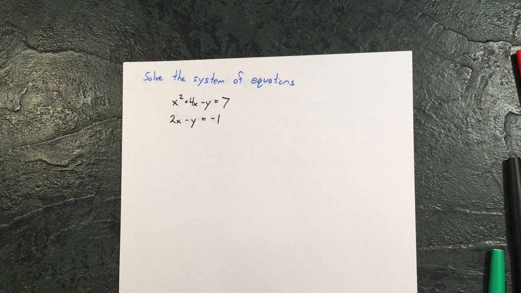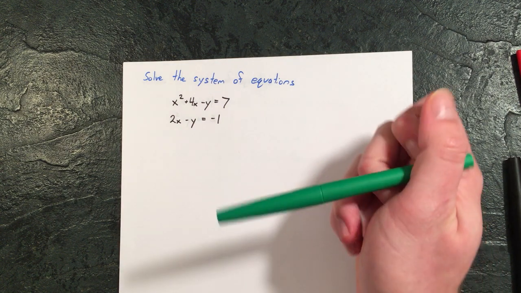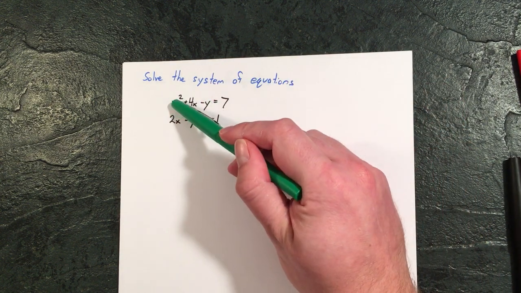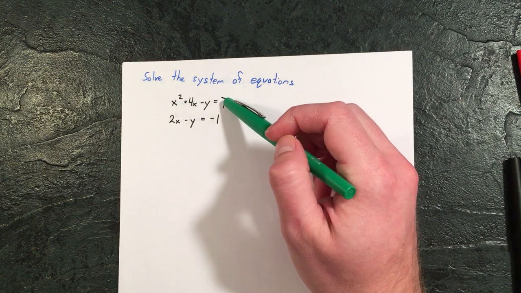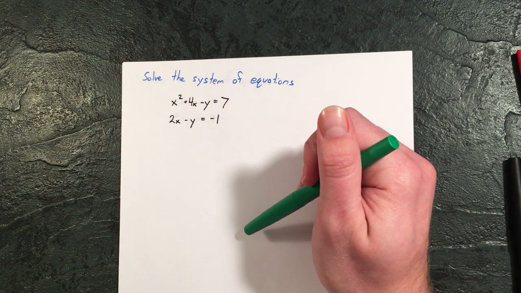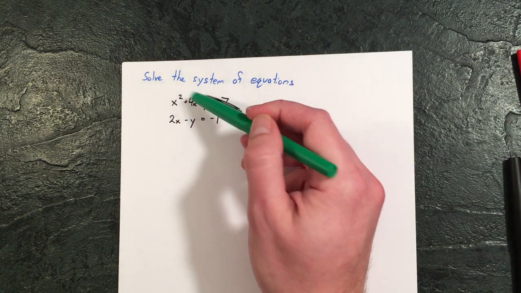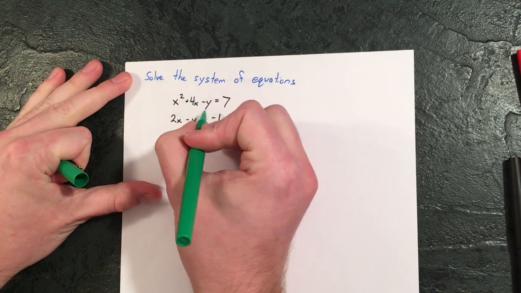At this point, we have a quadratic introduced into our system of equations. Still, the best philosophy here, I think, is to solve for one variable, insert it into the other, and go from there. It's not necessarily as easy to solve for x due to this x squared being there, so I think it might be a better idea to solve for y and put that into the quadratic equation.